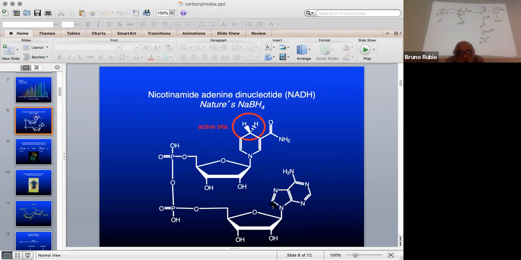So obviously Mother Nature's Jones reagent, Mother Nature's IBX and PCC is much more complicated structurally than what we find in the lab. And these carbohydrate residues and these adenine residues are there for molecular recognition, because NAD plus doesn't operate on an alcohol all by itself.